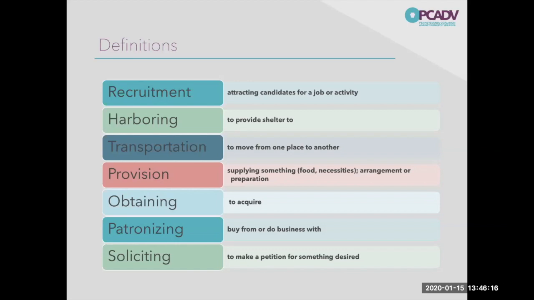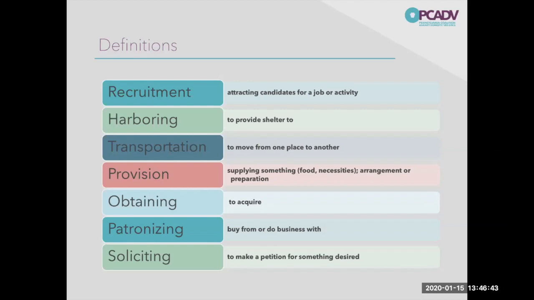A lot of times we get confused between human trafficking and human smuggling. Human smuggling would be that transportation of one person from one place to another. Transportation can certainly be a part of human trafficking, but human trafficking does not need to include that transportation aspect in order for that to quote unquote count.